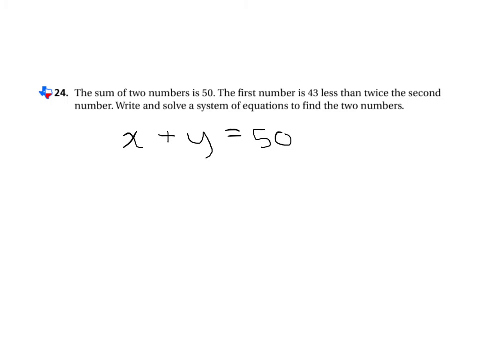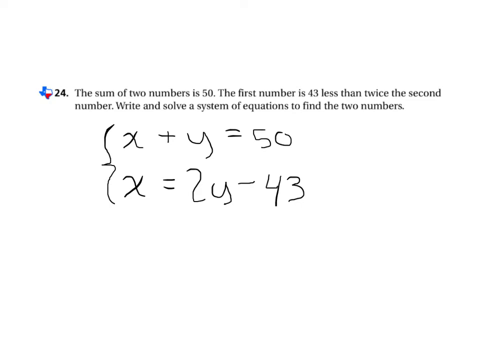And you also know that the first number, so x equals, is 43 less than, so minus 43, twice the second number, so 2y. So then there you have your system of linear equations. So then you would need to find the two numbers.